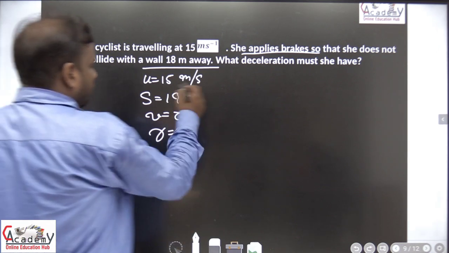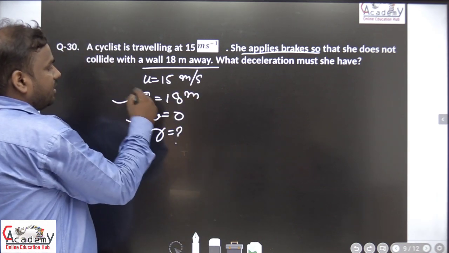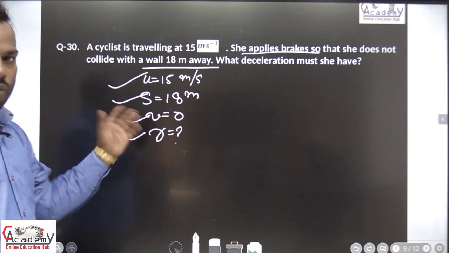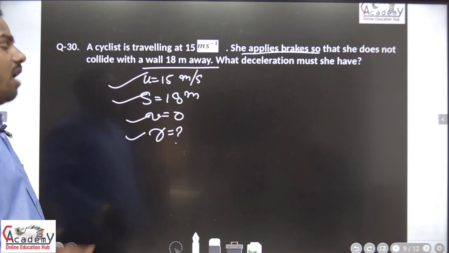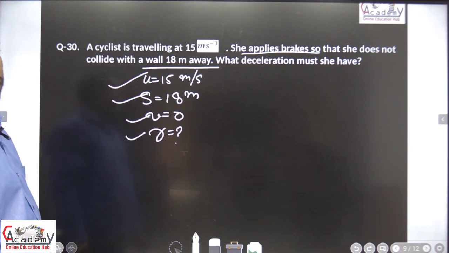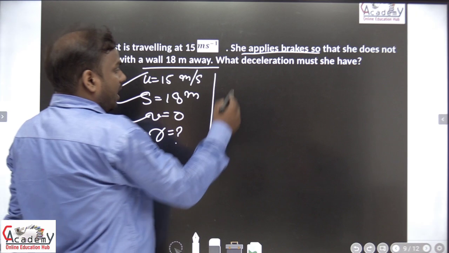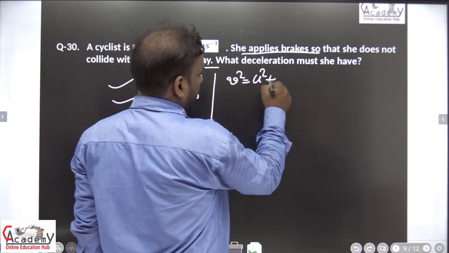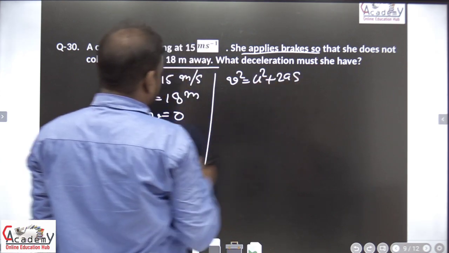Then, because here v is given, s is given, u is given, and we have to find the retardation, and no time is given, how can we use the first equation of motion or the second? So we have to use here the third equation of motion, v square is equal to u square plus 2as.